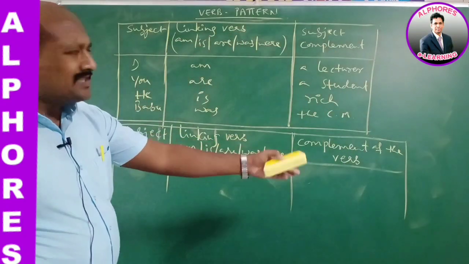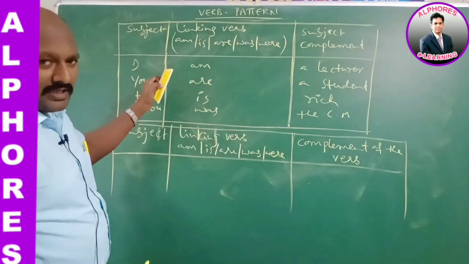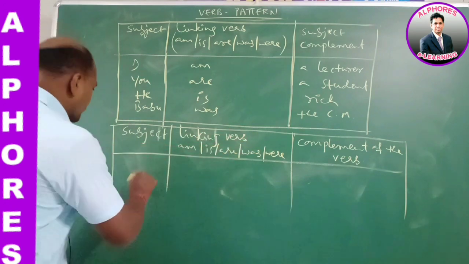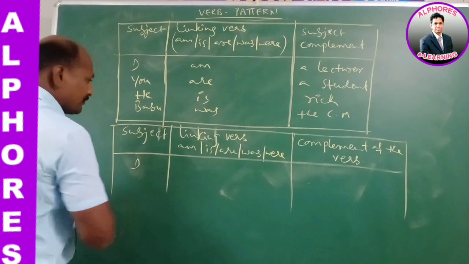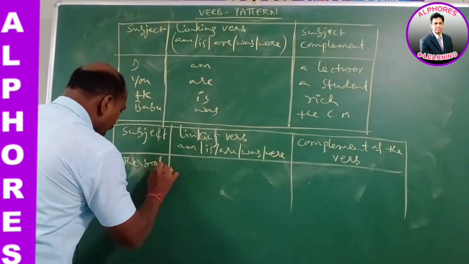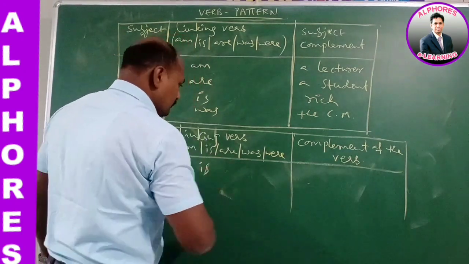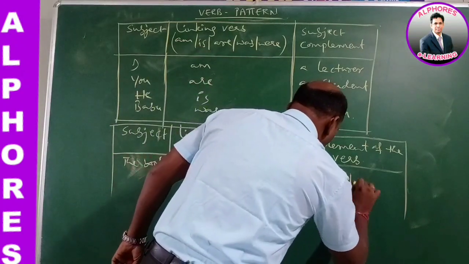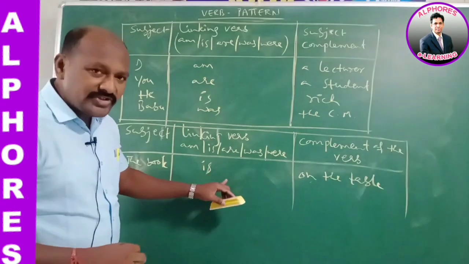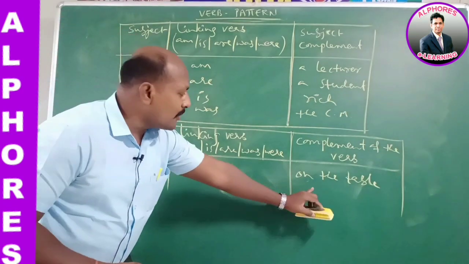Complement of the verb is the same as what we did in the subject complement. We explained more about the subject; here we explain more about the verb. That's called a complement of the verb. See, for example, the book is on the table. Where the book is, it is on the table, explaining about the verb. That's why it is called complement of the verb.